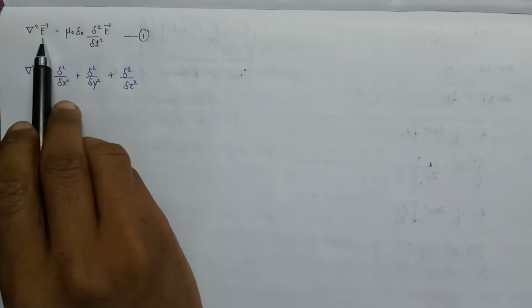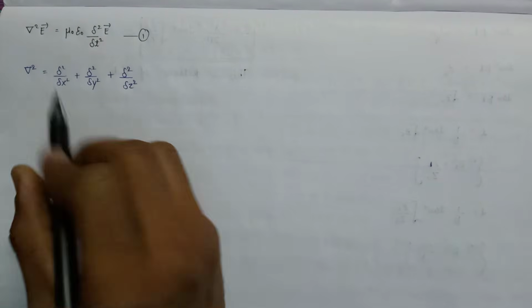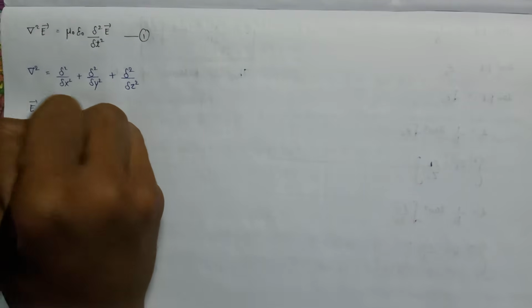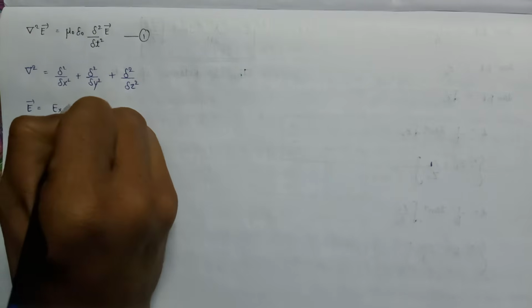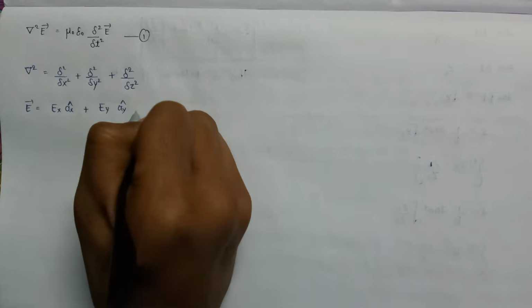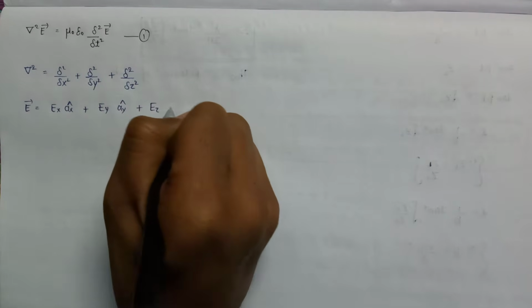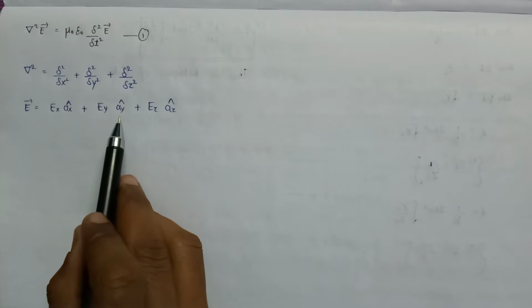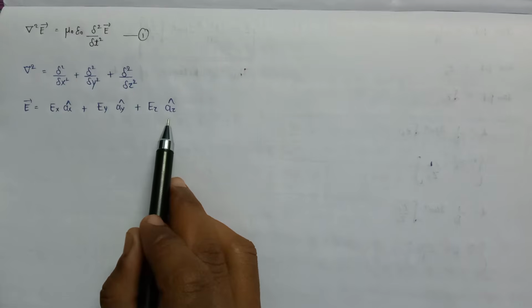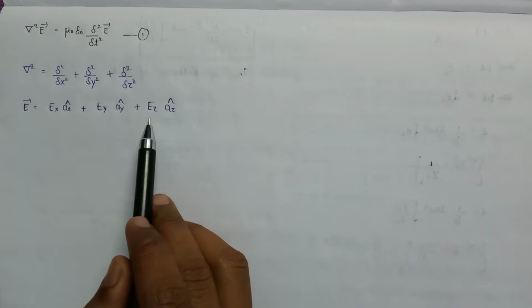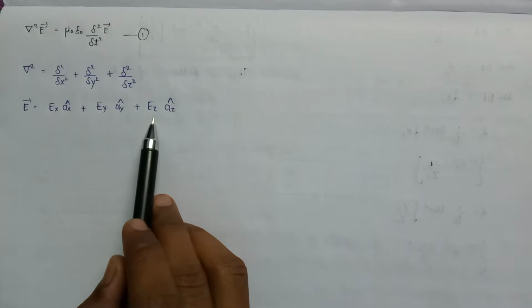And the vector representation for electric field intensity is given as E vector equals Ex Ax cap plus Ey Ay cap plus Ez Az cap, where Ax, Ay and Az cap are the unit vectors showing the directions only, and Ex, Ey and Ez are the components of electric field along x, y and z axis.